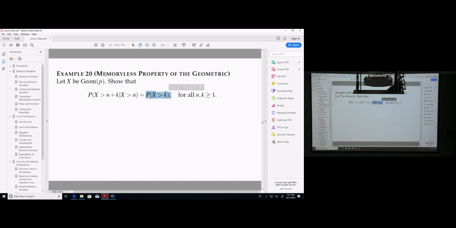But here, the good thing about the geometric is that it is memoryless. I mean, as if the time that you have waited is forgotten. You just don't have a memory about it. Now, this is used a lot in engineering modeling, for example, the light bulb.